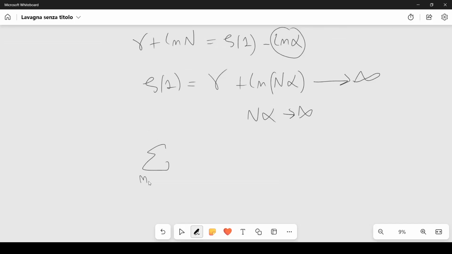Let me finish my considerations with these other examples. So we have summation over n from 1 to infinity, e to the minus n alpha over n cubed, and this is equal to z of 3. And now remember that you have to integrate 3 times 1 over alpha. So when you integrate it twice, you have alpha ln alpha minus alpha. So you have to integrate it one more time.